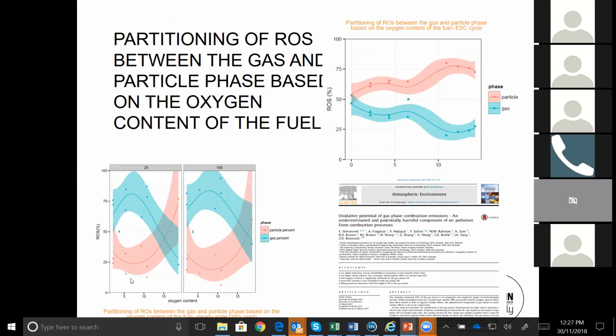On the contrary, the corresponding gas phase is going to be less toxic. Once we increase the oxygen in the fuel, due to the partitioning of species between the particle and the gas phase, more of those heavier species are going to stay on particles, and thus we will have this increase in the oxidative potential, and at the same time the oxidative potential of gaseous species is going to decrease.